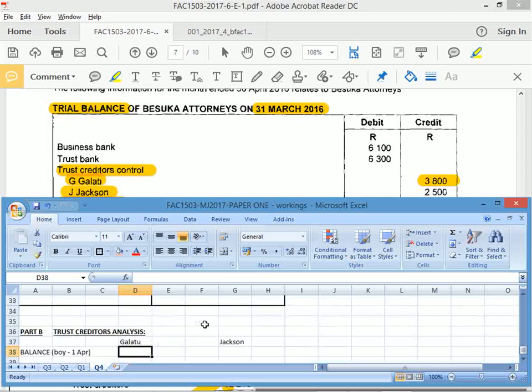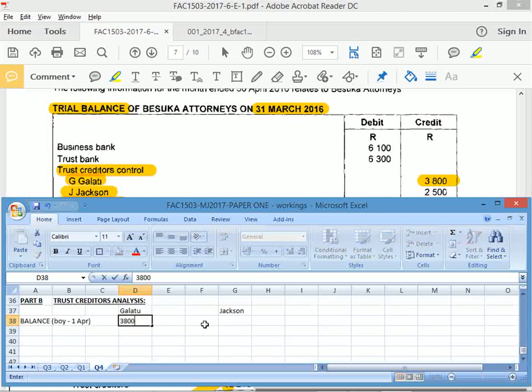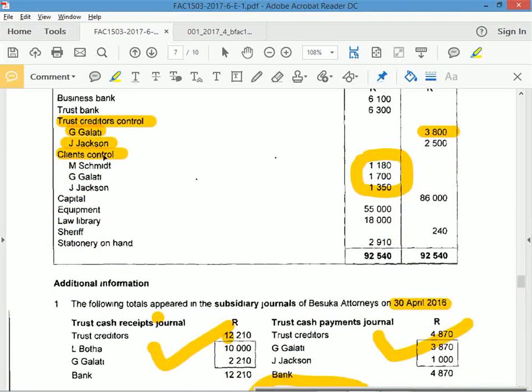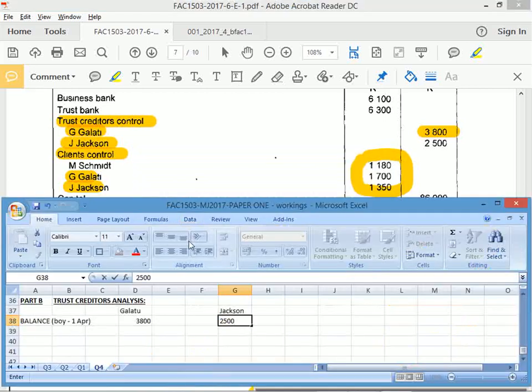Three. 3.8. And J, 2,500. Good. Okay, there's a client control account here. G and J both owe the business. So if we're looking at balancing their accounts off, we would take that into consideration, meaning that they have a client control debit balance, which I would then offset here.